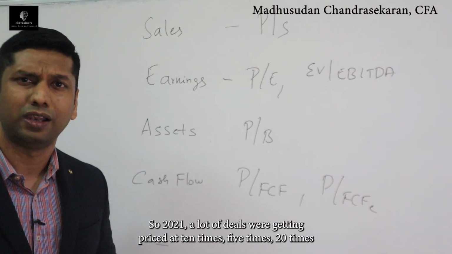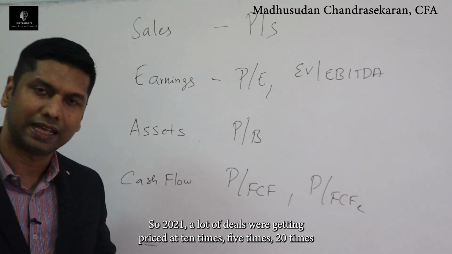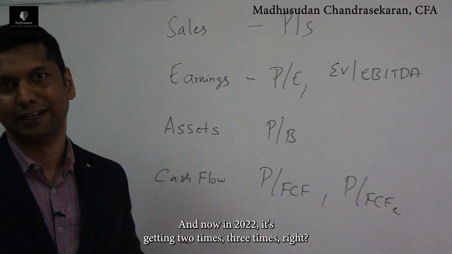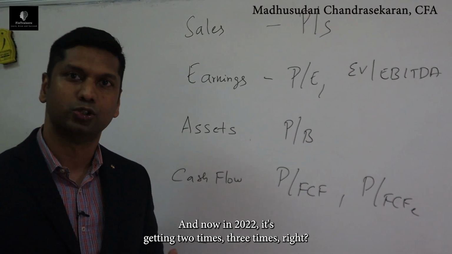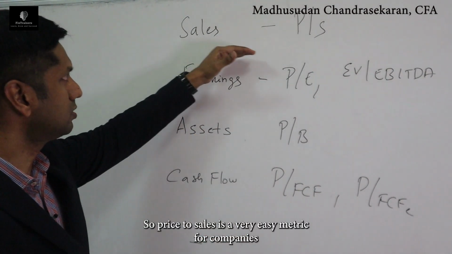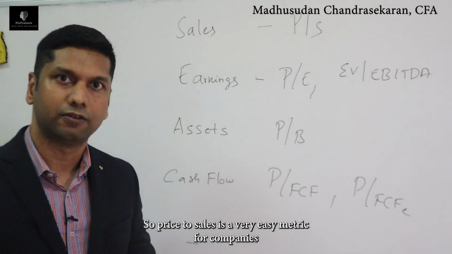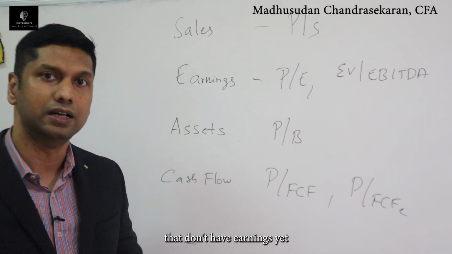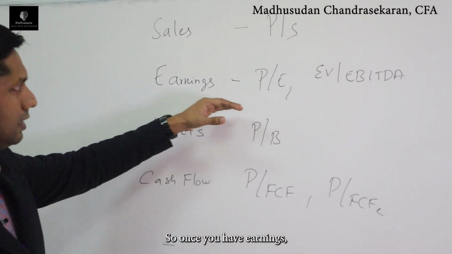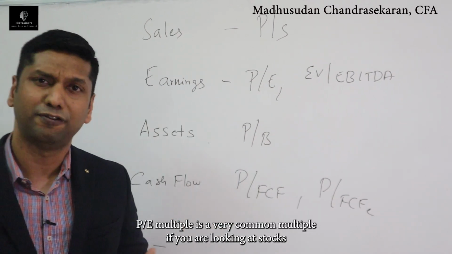In 2021, a lot of deals were getting priced at 10 times, 5 times, 20 times. And now in 2022, it's getting 2 times, 3 times, right? So price to sales is a very easy metric for companies that don't have earnings yet. Once you have earnings, PE multiple is a very common multiple.